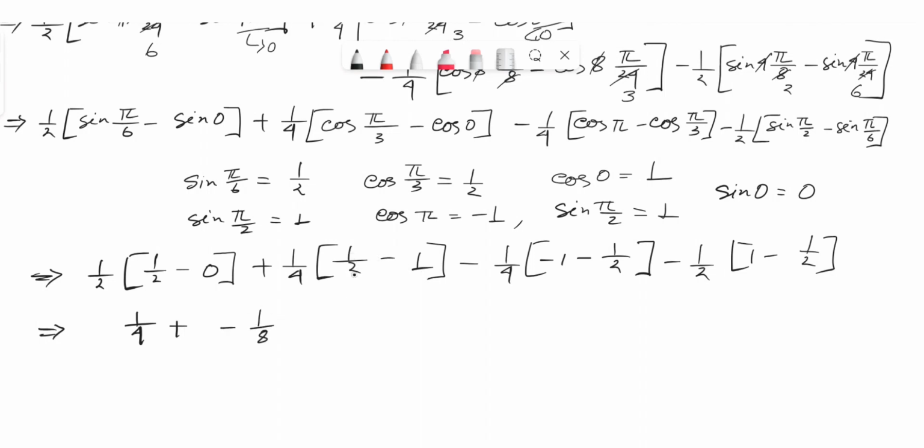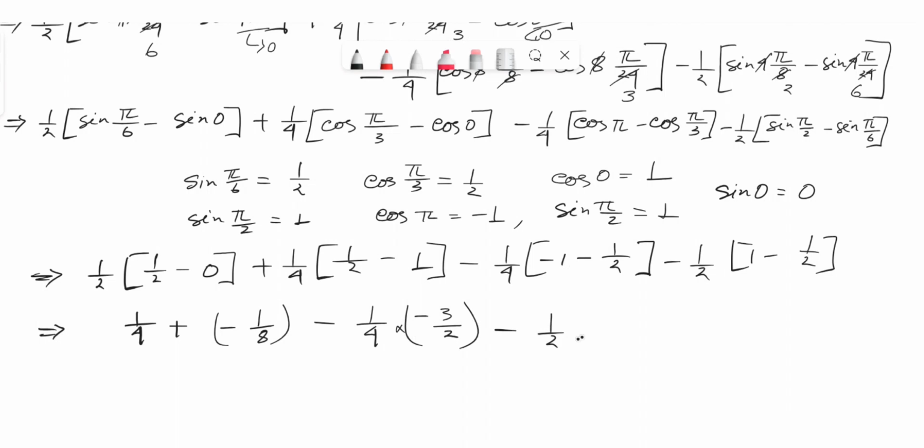Because from 1 by 2 minus 1 it will give us minus 1 by 2, and we will multiply this, it will give us minus 1 by 4 into minus 3 by 2, right? This will simply give us minus 3 by 2.